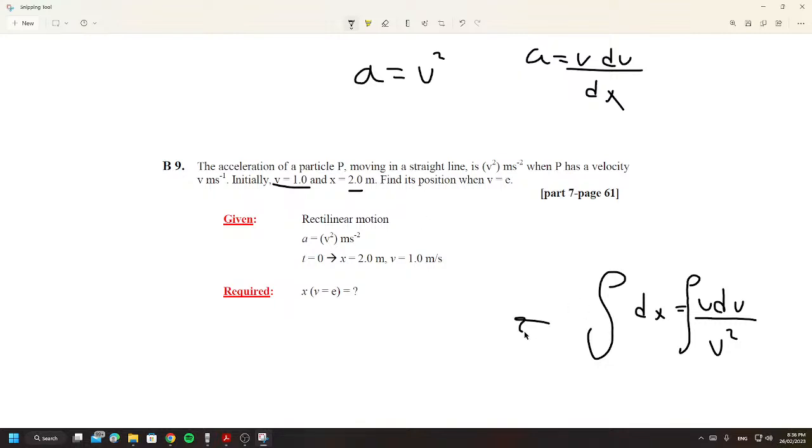So the integral of dx is just x, and then equal to, let's just solve this over here, the integral of v dv times 1 over v squared.